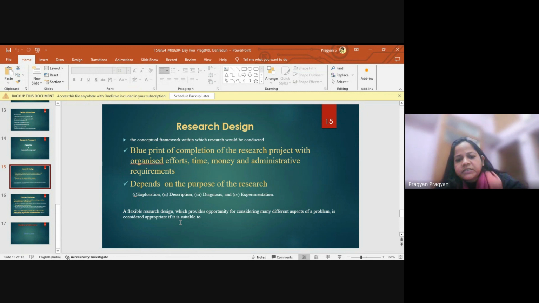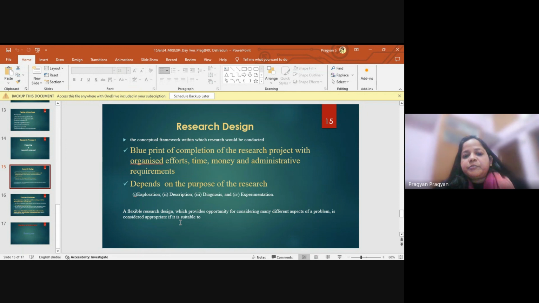So this diagnostic research design is a kind of MRI of that particular research problem: what are the key impediments or barriers that are affecting the supply of development benefits in a particular area, and how can we solve that problem so that the stuck supply can be resumed.